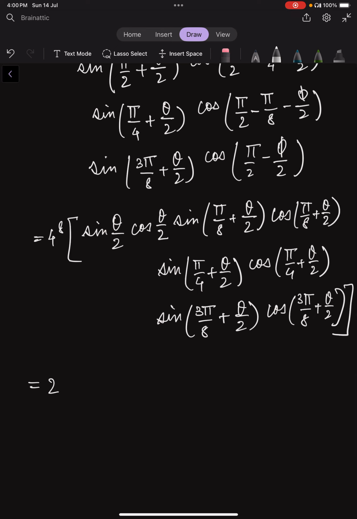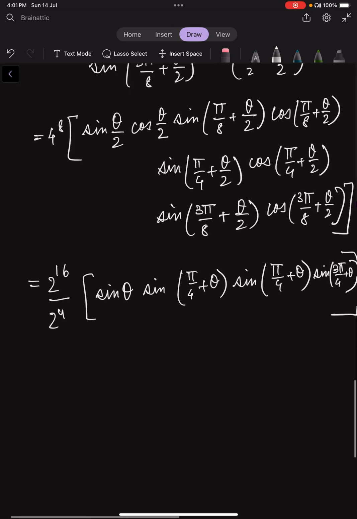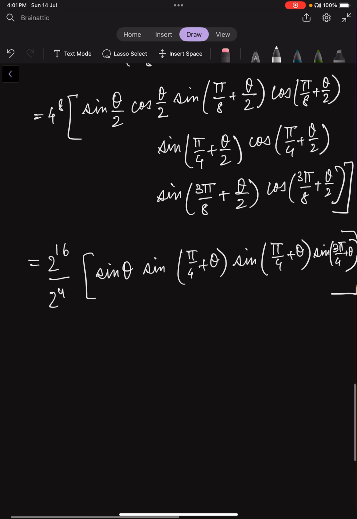If I write this as 2 power 16 by 2 power 4, this gives me sine theta, sine pi by 4 plus theta, sine pi by 4 plus theta, and eventually sine 3 pi by 4 plus theta. So I have my terms. Now doing the same exercise again, this cancels out and 12 is left.